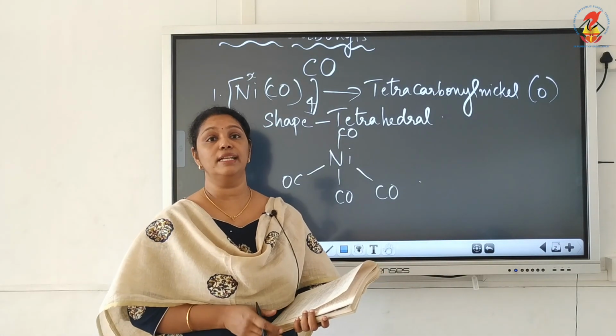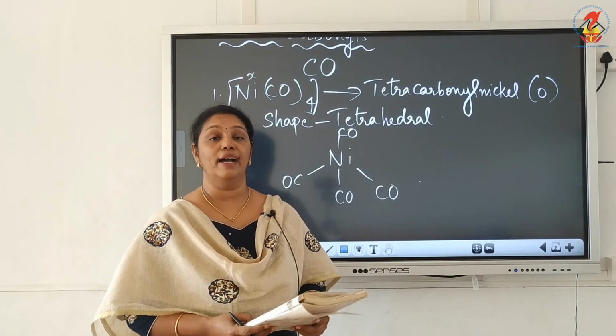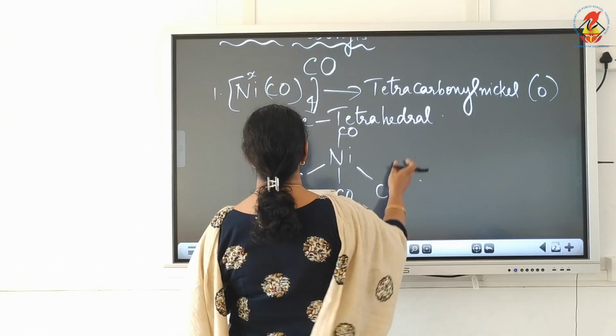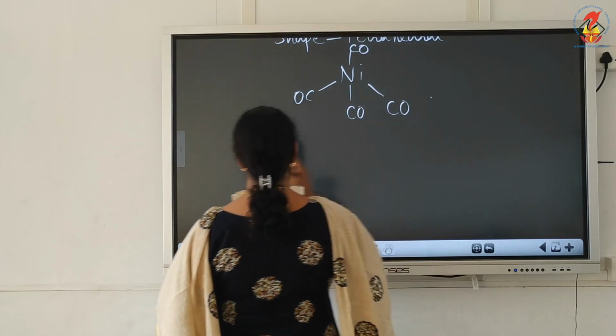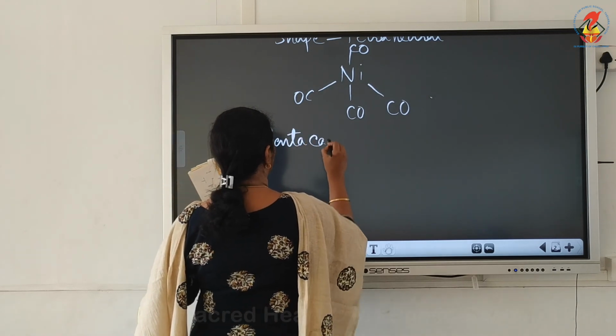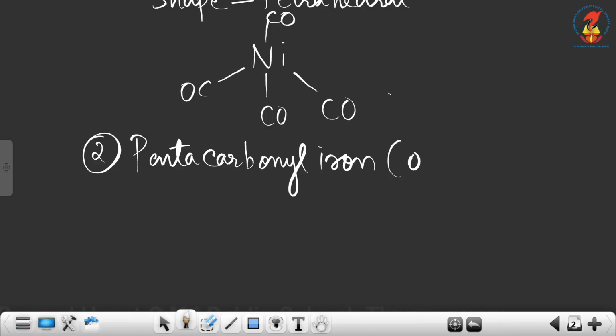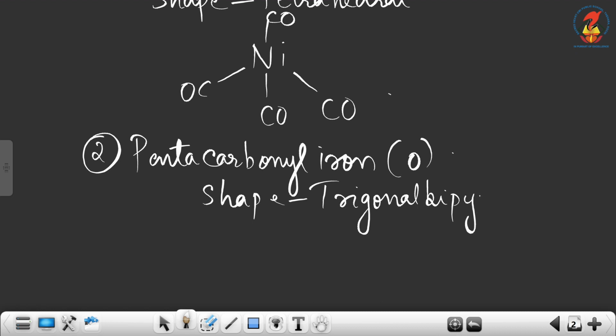Now, the second metal carbonyl is pentacarbonyl iron(0), which means the iron is in 0 oxidation state. The shape of this compound is trigonal bipyramidal.